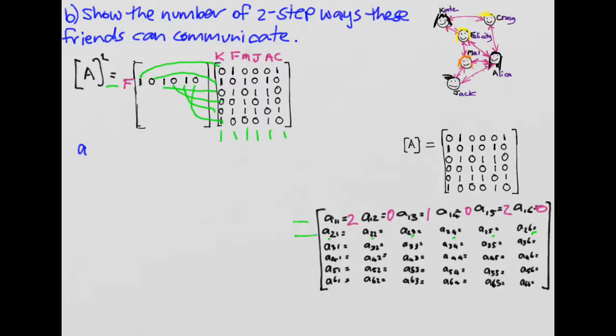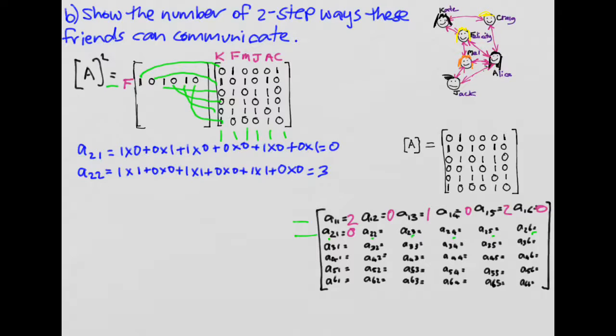So A21 is equal to 1 times 0 plus 0 times 1 plus 1 times 0 plus 0 times 0 plus 1 times 0 plus 0 times 1. So that equals 0. So we go ahead and put that in position A21.